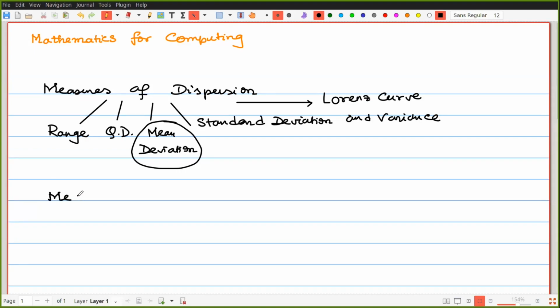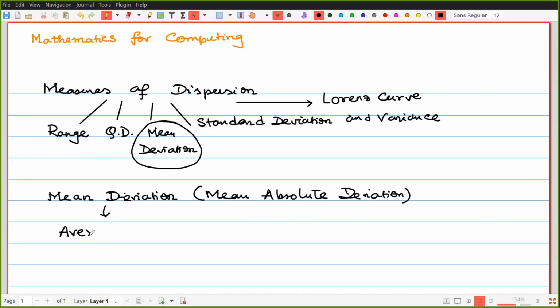So it is also known as the mean deviation and mean absolute deviation, which is also known as the average deviation.